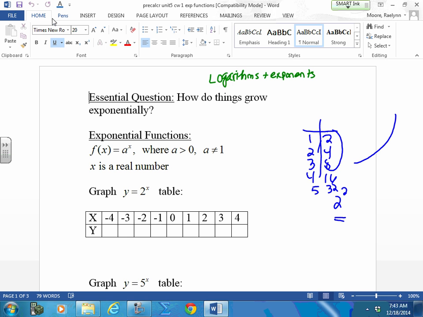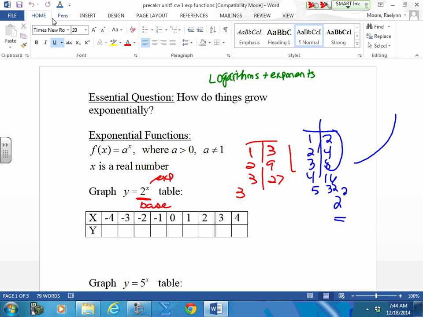Now, when we look at your exponential growth, this is the base. This is the exponent, the power that it's raised to. Okay, so your bases, well, they'll have the same look overall. Your base just makes it a little sharper. So if I was in a base 3, I would be doing 3 to the 1, 3, 3 squared, 9, 3 cubed, 27.